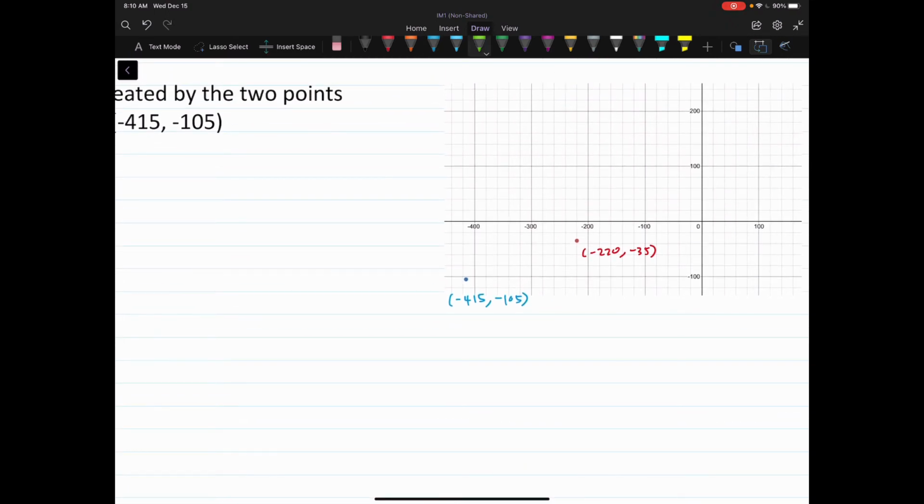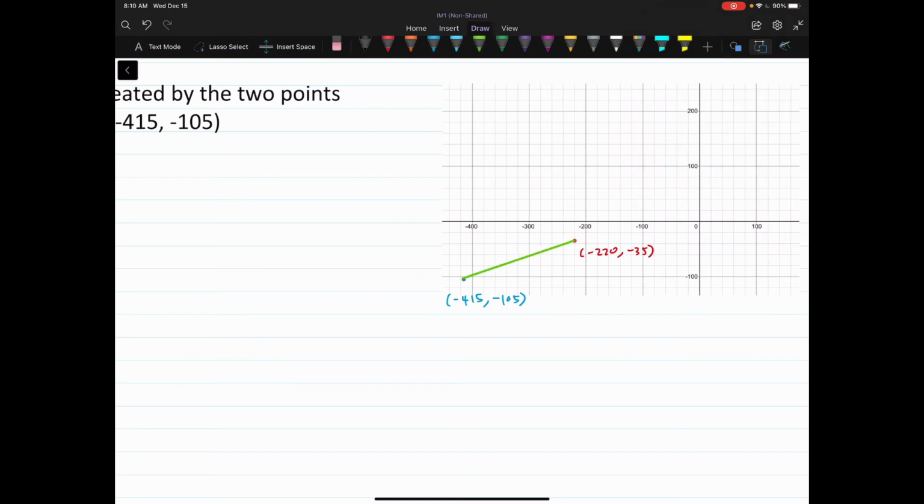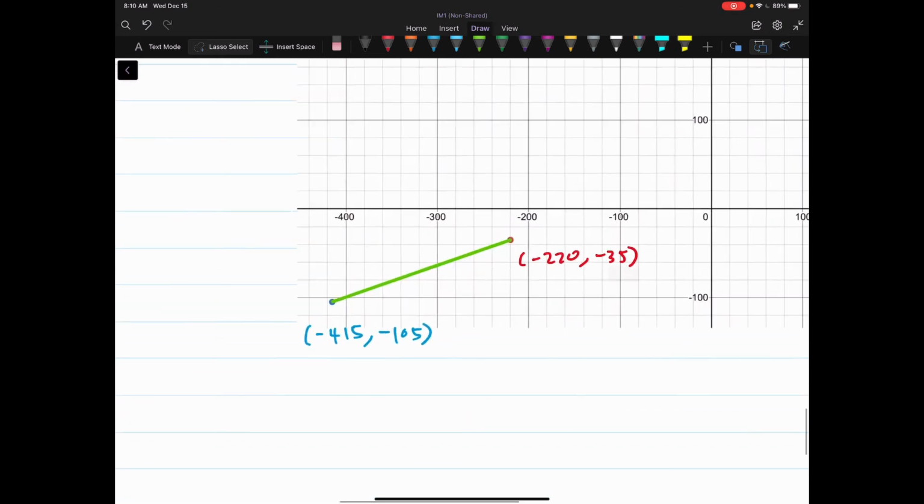All right, I'm going to draw the line from this point on to that point. And I'm going to do the linear equation first. This one's going to be fun. I can already feel it. Okay, so let's take a look.